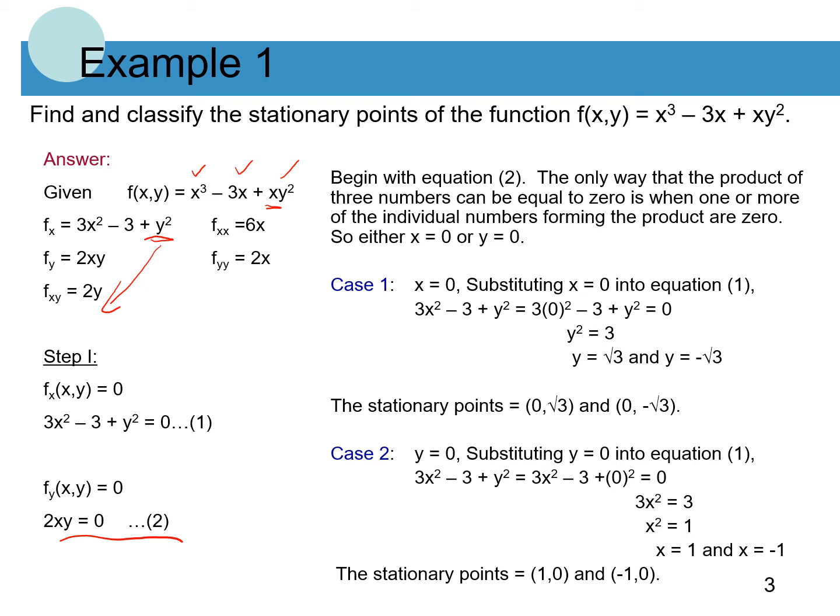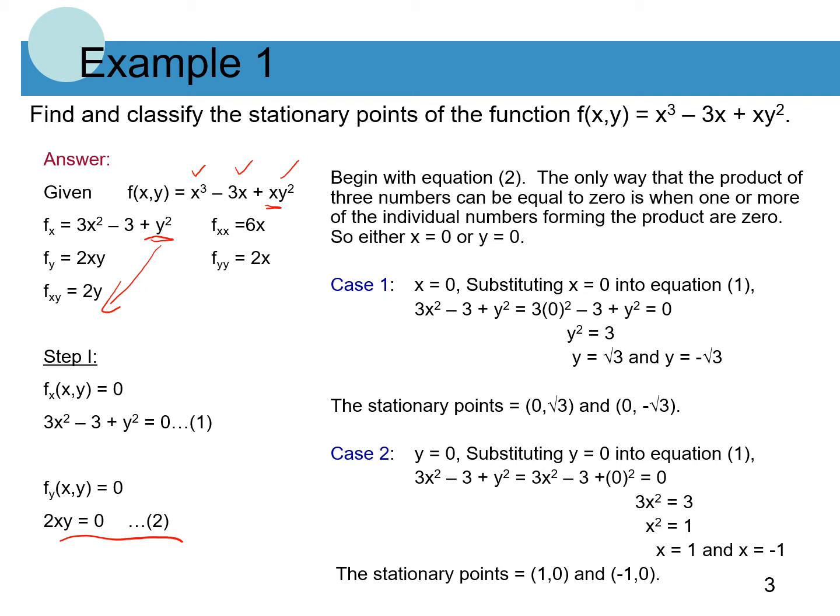Because this is an even power, y is equal to square root 3 and y is equal to negative square root 3. Therefore, there are two stationary points, located at (0, square root 3) and (0, negative square root 3).